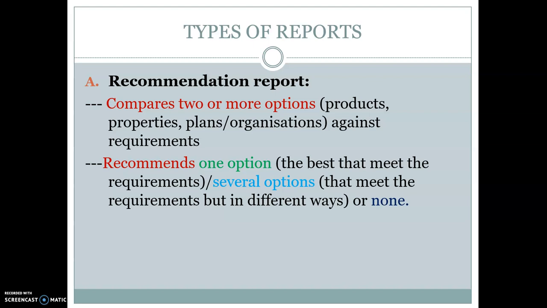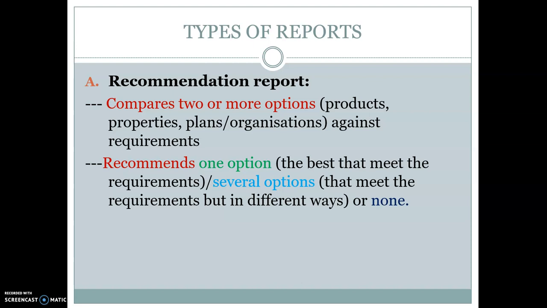The person who is writing the report will recommend which product, organization, or brand a person should choose by comparing the products. A recommendation report starts from a stated need, a selection of choices, or both, and then recommends one, some, or none.